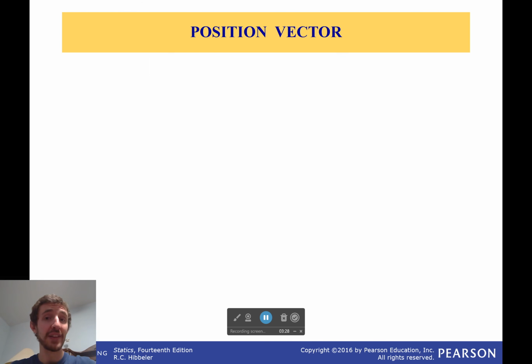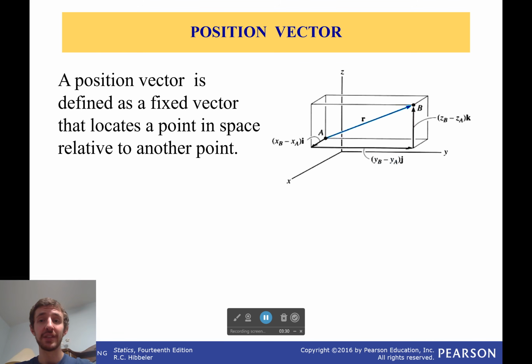So let's try this out. How do we get a position vector? It's not actually all that hard. Usually you'll know the beginning and the end point. It won't always be on the origin. The origin is 0, so if it's on the origin, it just makes things simpler. The way it usually is, it's just the relative position from any particular point. So here's A, here's B. And what I need to know is where A and B are in space.